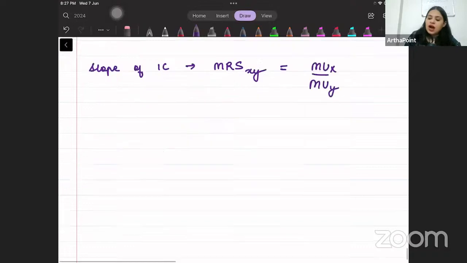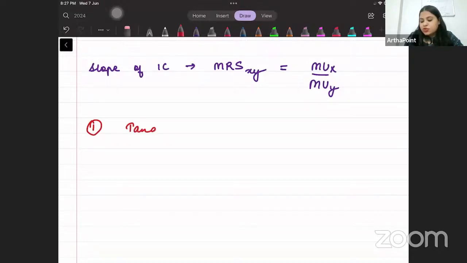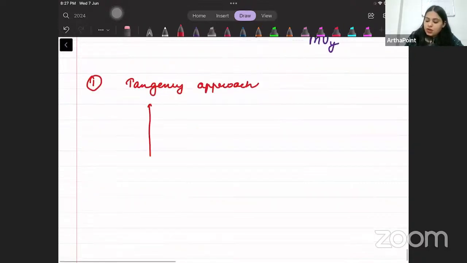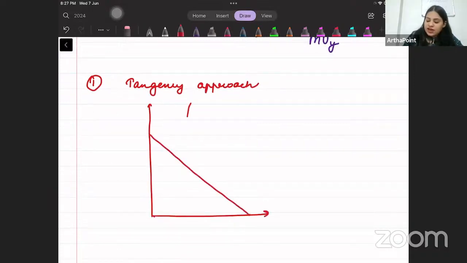Now comes, how do you find the equilibrium condition for well-defined preferences? The first way is the simplest one, the tangency approach, which most of you would know. You just have this budget line, you have an IC, and wherever the two are tangent to each other, that is your equilibrium, right?